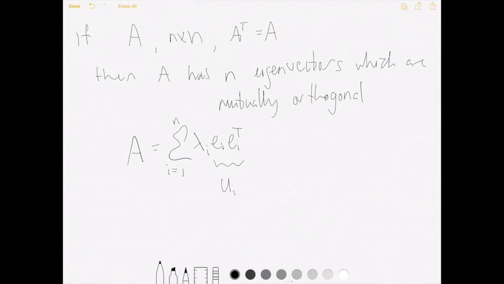Here lambda I is the ith eigenvalue, and EI is the ith eigenvector. This UI is an n by n matrix formed by taking the outer product of EI, and this is like an eigenvector expansion of the matrix A.